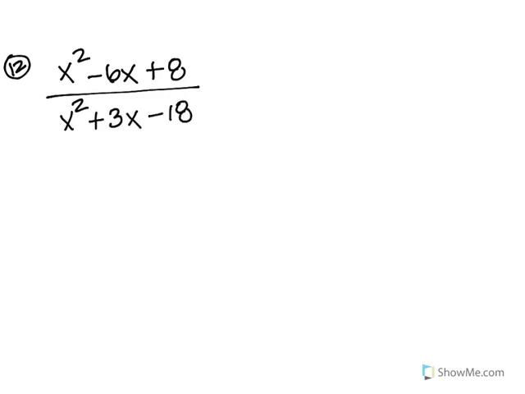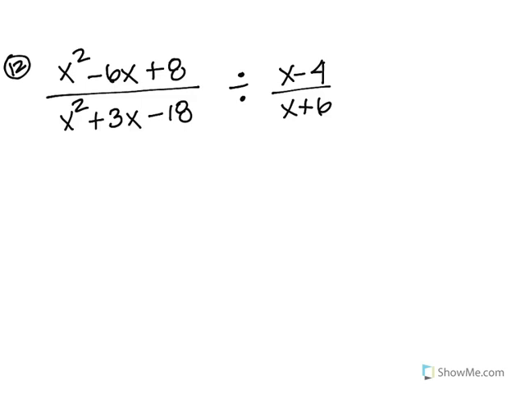Number 12, we have x squared minus 6x plus 8 over x squared plus 3x minus 18 divided by x minus 4 over x plus 6.